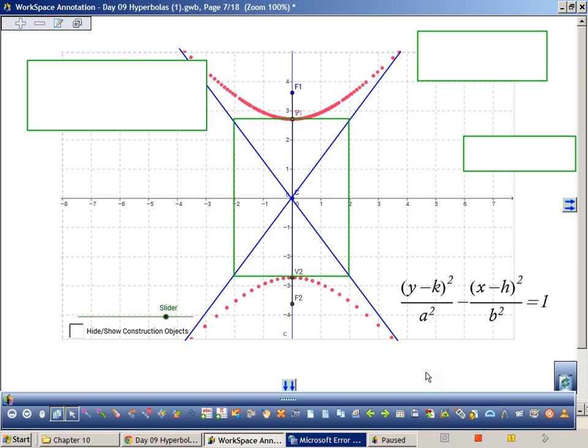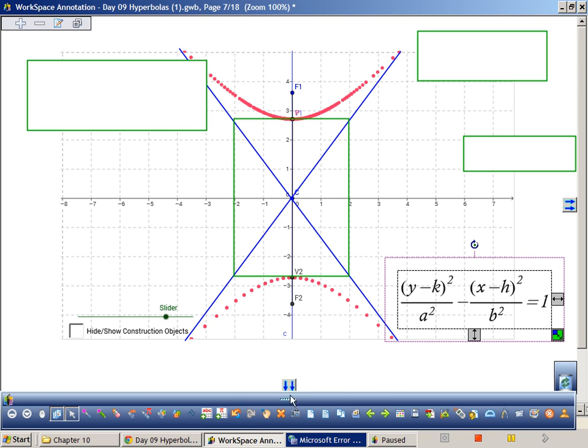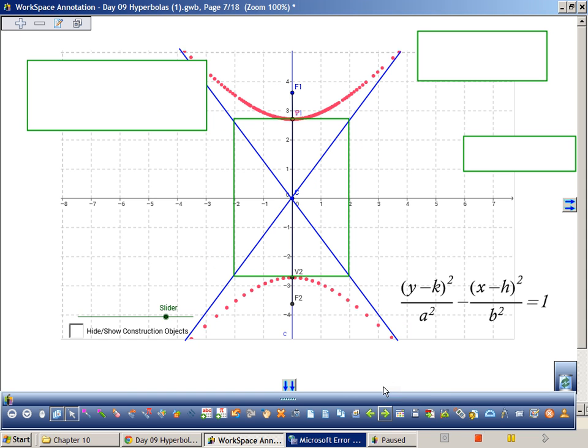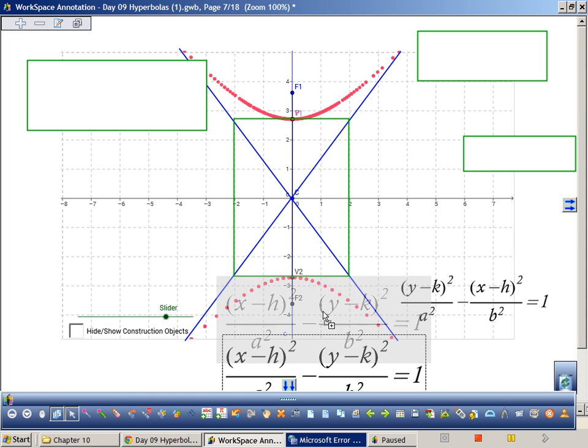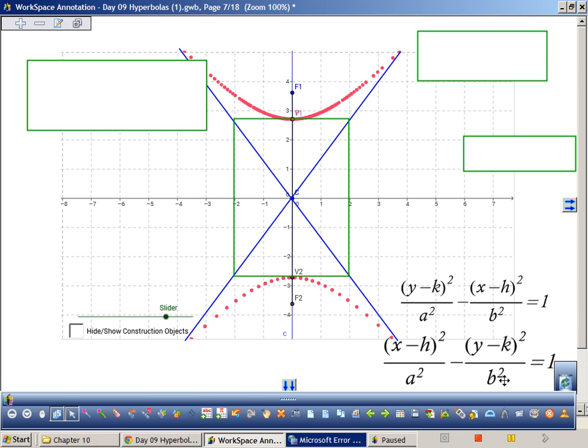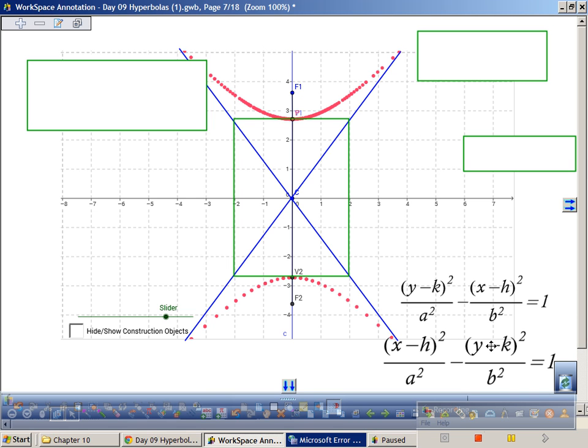Okay, let's talk about this for a second. I really want you guys to think. Let's grab the other one. Let's grab this one. And this one. And let's compare and contrast them for me. What switched? The X and the Y change.